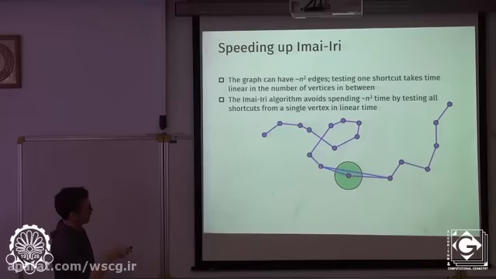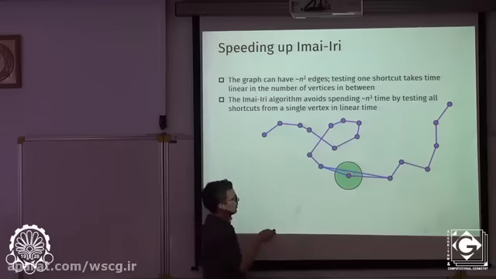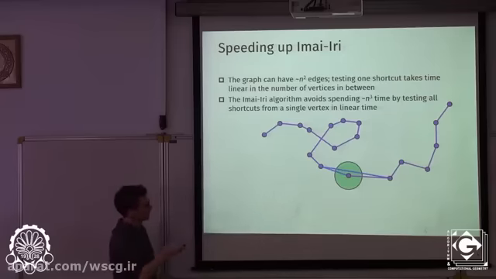What I essentially need to know for this edge to be a valid shortcut is that this vertex should have distance at most epsilon to this edge, which formulated differently means that if I take an epsilon disk around this vertex, it should be stabbed by this line segment.